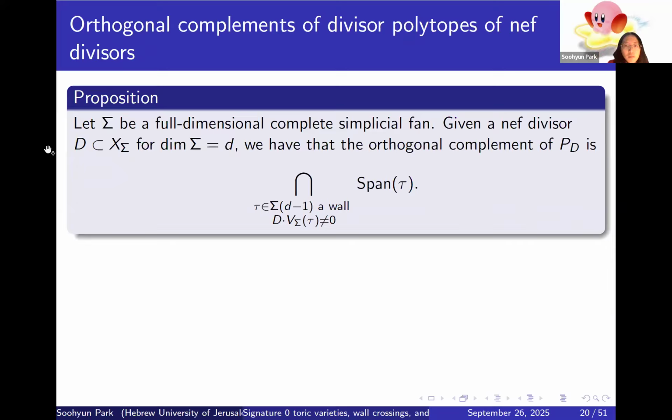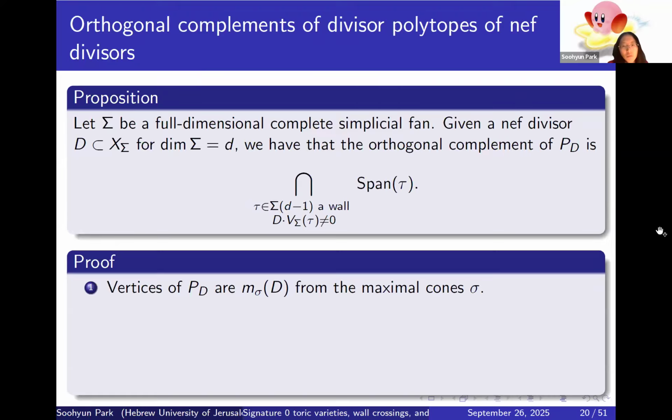Right, so in general, if you're looking at the orthogonal complements of these divisor polytopes, which we're doing because we want to understand if the spans of the Minkowski sums of the polytopes are big enough, and if they're not, then how badly does it fail? It's just the intersection of spans of walls satisfying these properties.